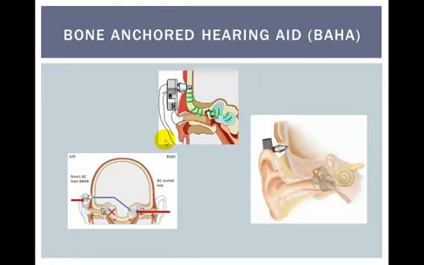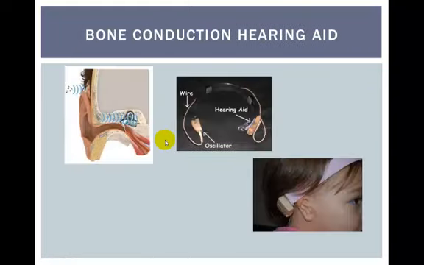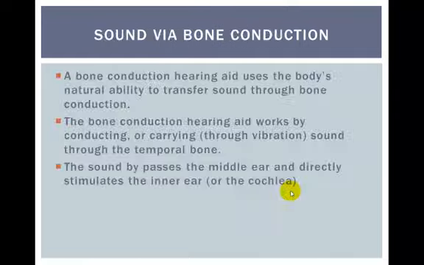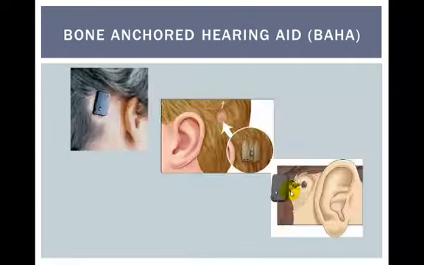Let's look back at this image. This style versus the headband, this is typically fit on a child for a trial period to see how the child responds before they actually undergo implantation for a BAHA hearing aid. All right.